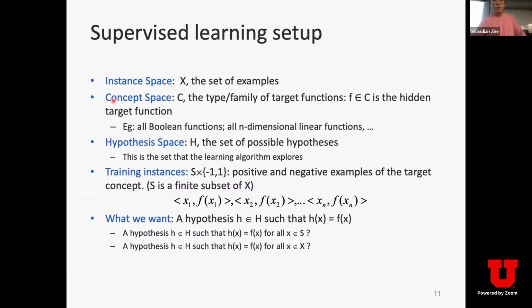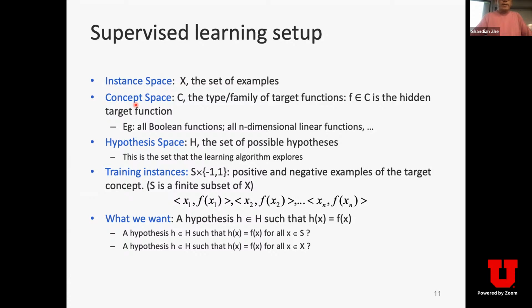And then we're going to introduce the concept called concept space, denoted by C. Concept space is defined as the family of target functions you want to estimate or learn from data. For example, the concept space could be polynomials, meaning that from data you want to learn some polynomial function as your ground truth labeling function.